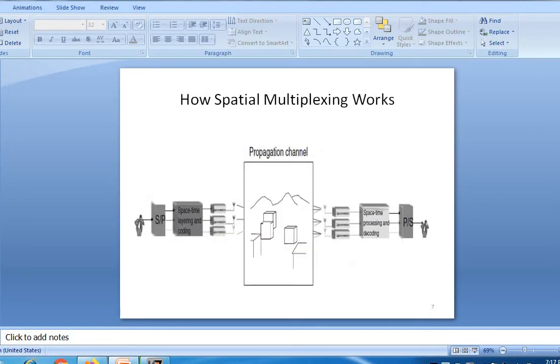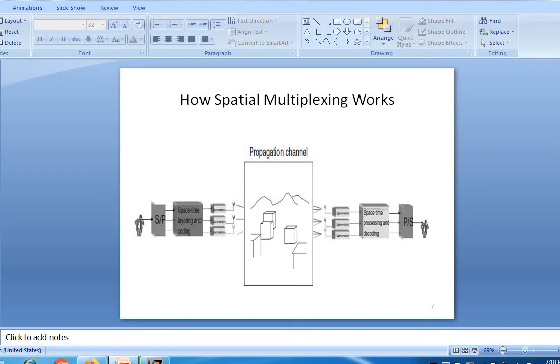This is a diagram of how spatial multiplexing works. I have a sender who can send serial data. This serial data is converted to parallel data. Then, since I'm going to use spatial multiplexing, some layering and coding has to be done. Then an upconversion process is carried out. Then it is fed to the antennas. These antennas are going to send the signals. These signals will be moving in a channel.